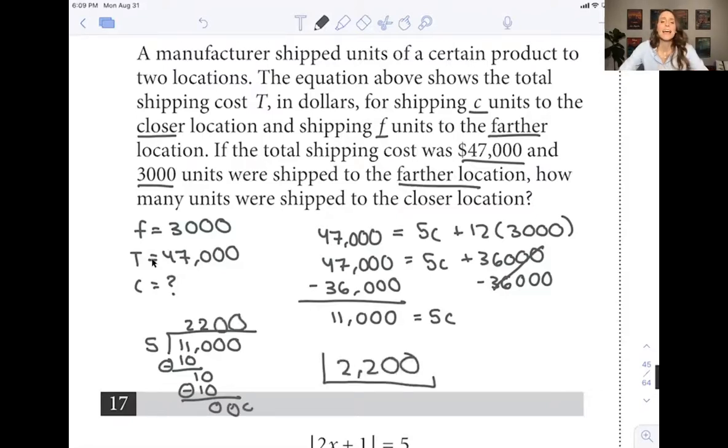2,200. This is the most work we're going to do for any question on the SAT. So I want you to really notice something here. Easy doesn't mean fast, and hard doesn't mean a lot of work or long.